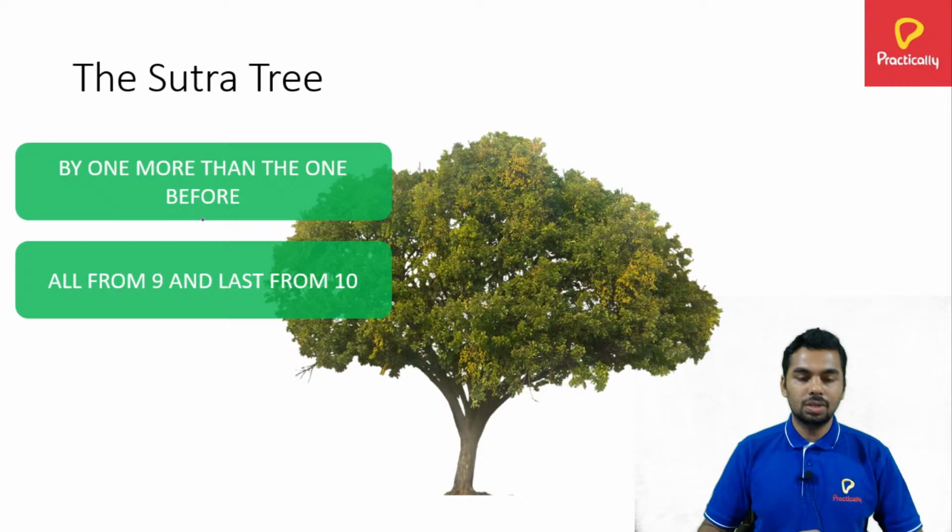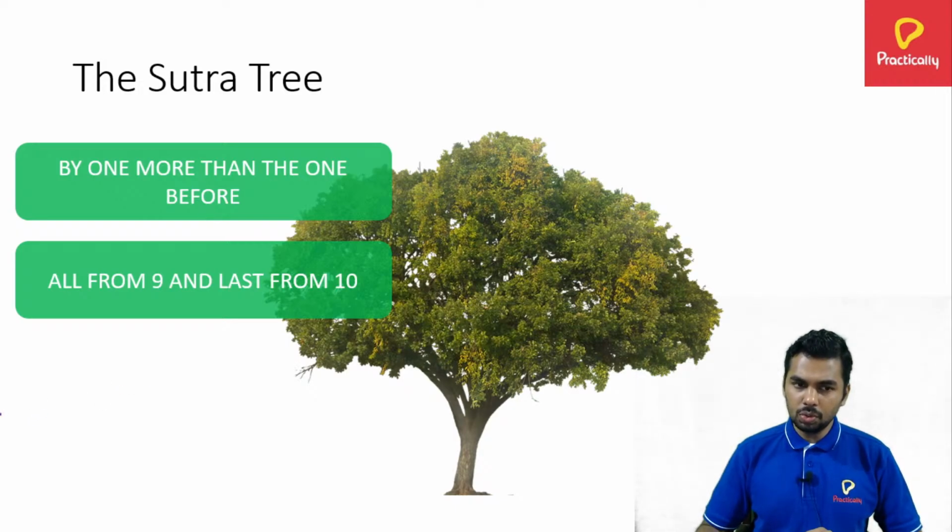The second sutra is called all from 9 and the last from 10. It's very nice to remember this. This is an easy method for doing subtraction, especially when you want to work with a base corresponding to multiples of 10.